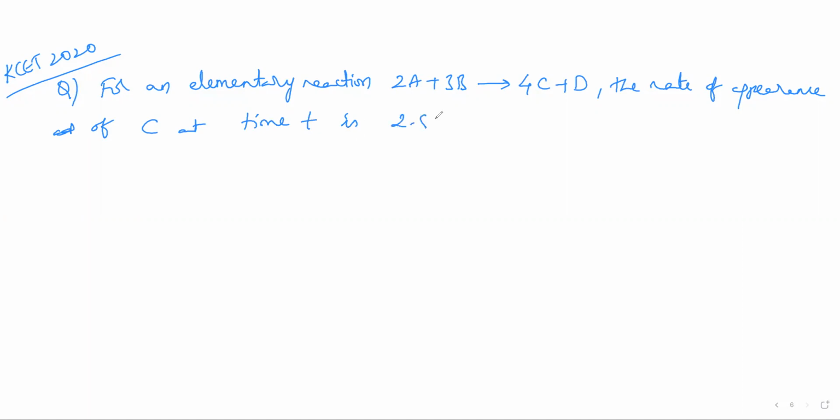2.8 into 10 power minus 3 mole per liter per second. The rate of disappearance of B at t will be?